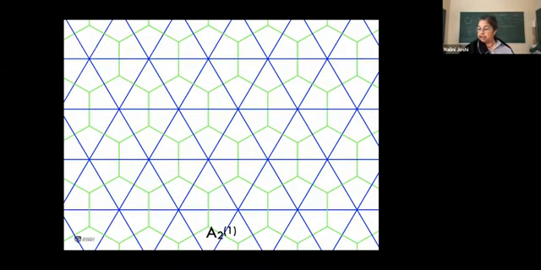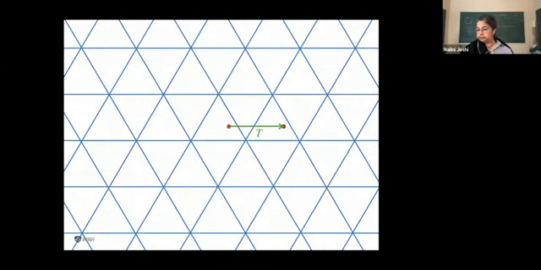So how do I do that? Well, I'm going to take a translation, T, but that requires me to find a way of coordinatizing the points inside each triangle.